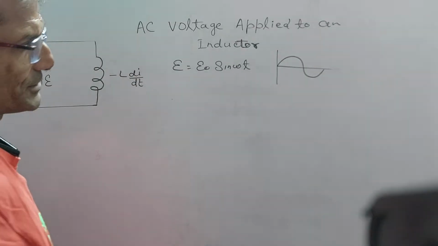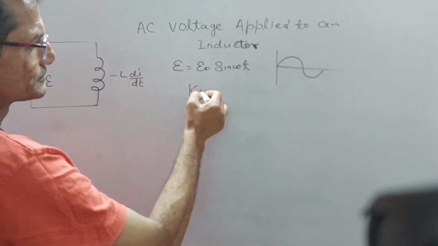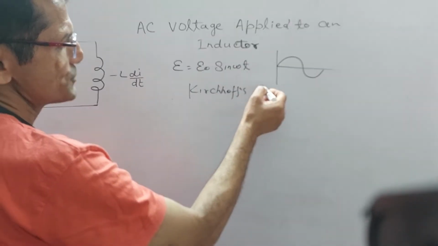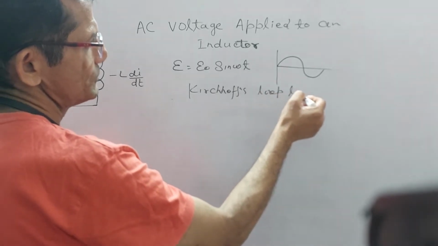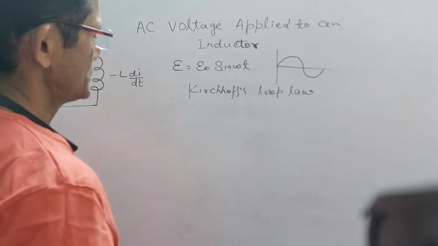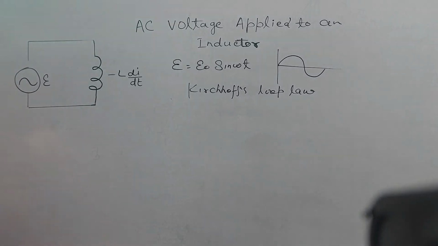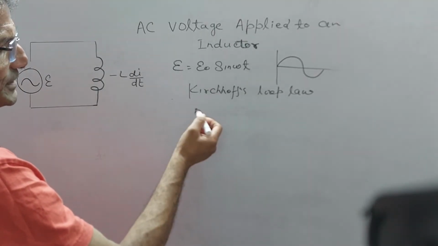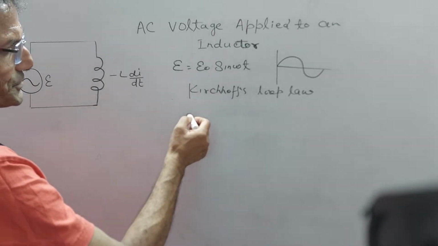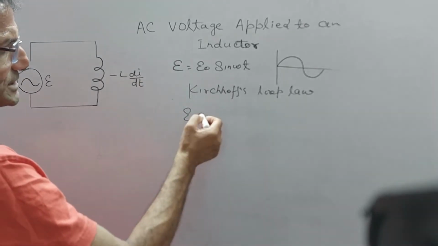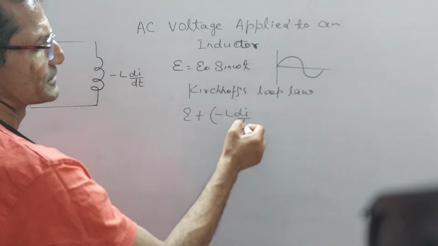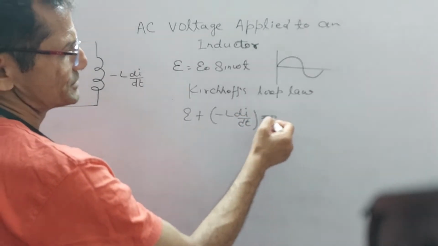We already know Kirchhoff's loop law: the sum of the voltages across the circuit elements is 0. Here the voltage across the source is E and across the inductor is minus L di upon dt, and their sum becomes 0.